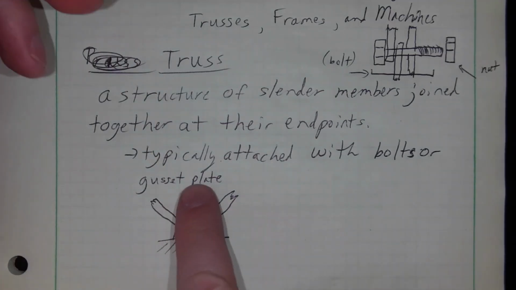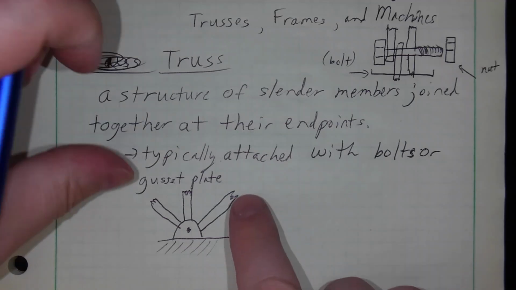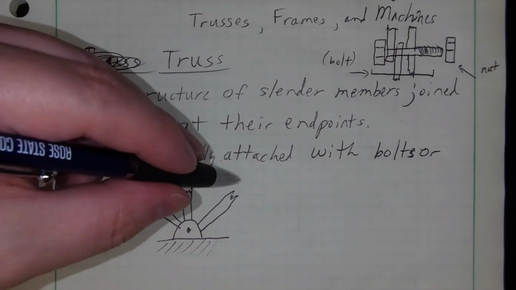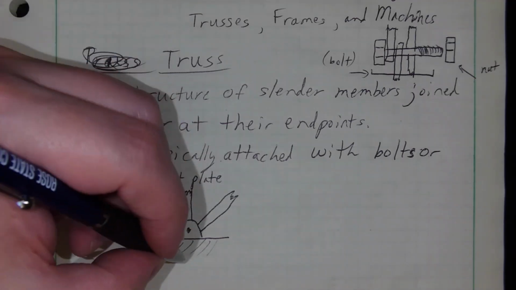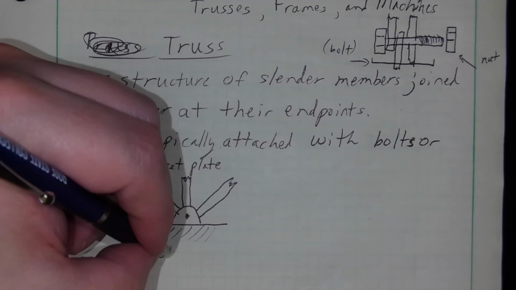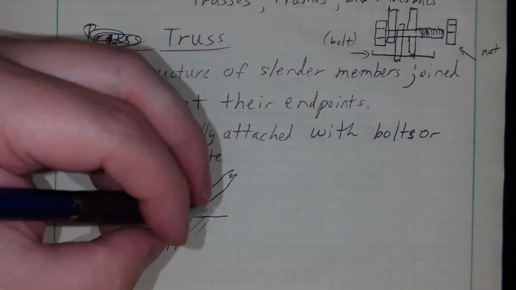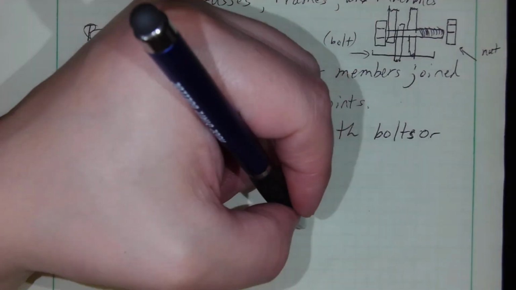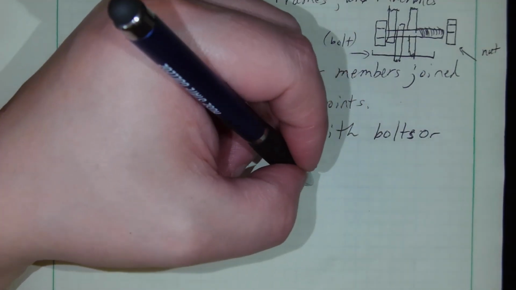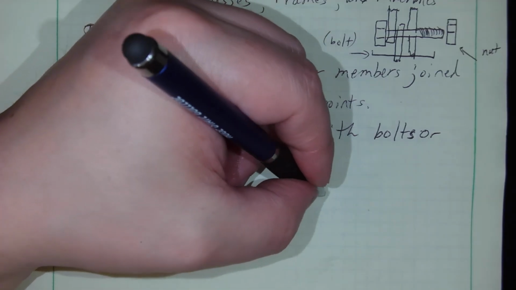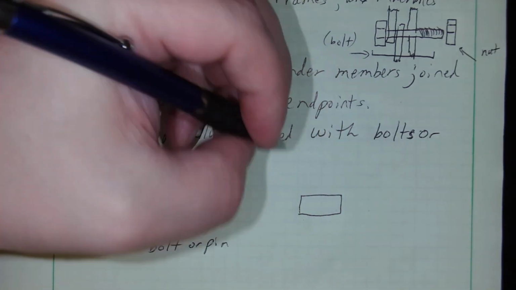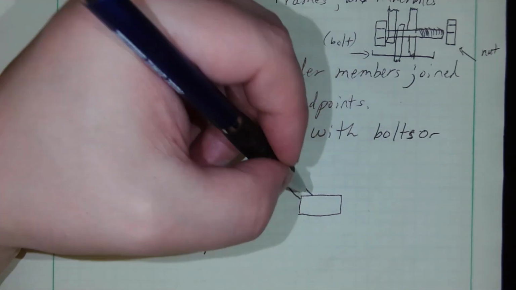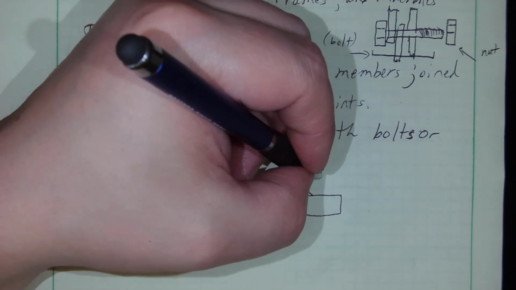There would be additional stuff out here. I'm just drawing this rough edge to indicate that these continue going on in those directions. If they were connected with a bolt, it would look like this, or a pin. If I have a gusset plate, I might have a small little plate, and a member would come in like this, and another member would come in like this.